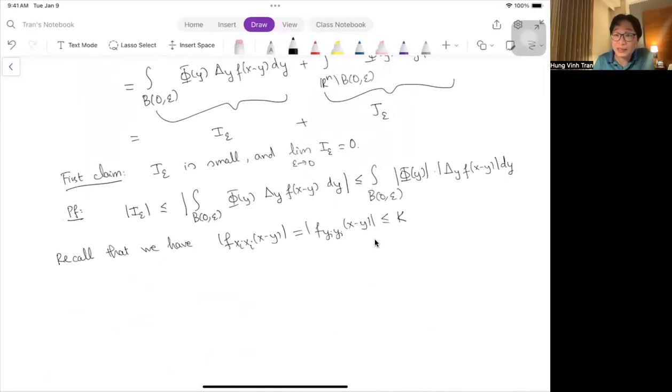And the Laplacian is just the summation over all i. This implies that the Laplacian in y of f(x minus y) equals the summation i from 1 to n, which is less than or equal to n times K, just a constant, right? So this implies that I epsilon is less than or equal to a constant n times K times this integral.